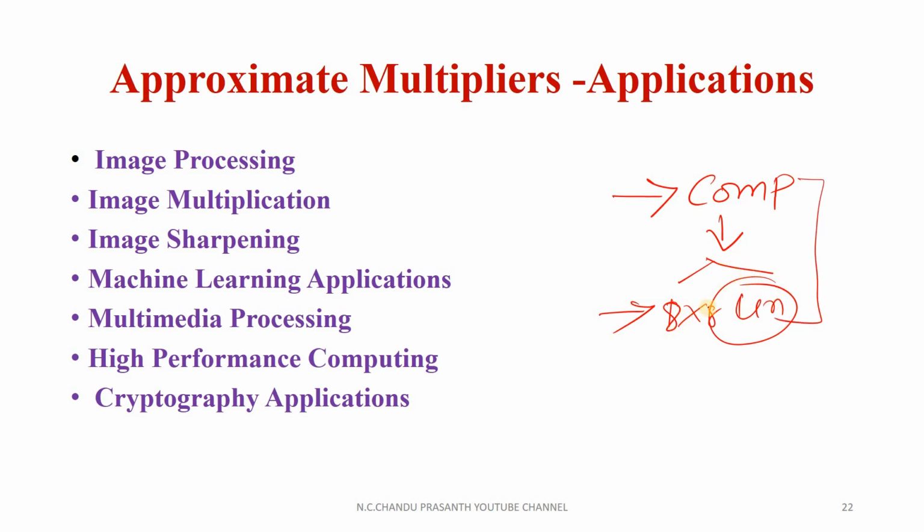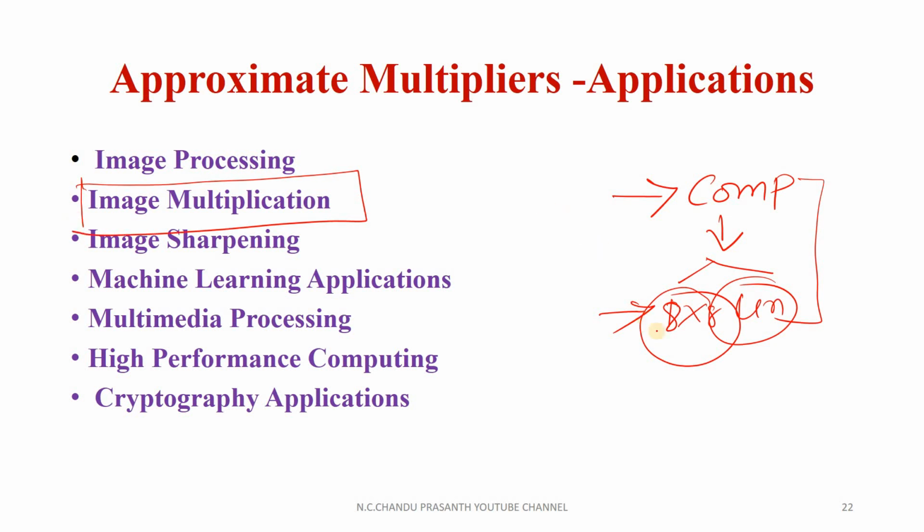After designing 8x8 unsigned multipliers, approximate multipliers have several applications like image processing, image multiplication, image sharpening, machine learning applications, multimedia processing, high performance computing, cryptography applications, etc. Here I am considering one simple application, image multiplication.